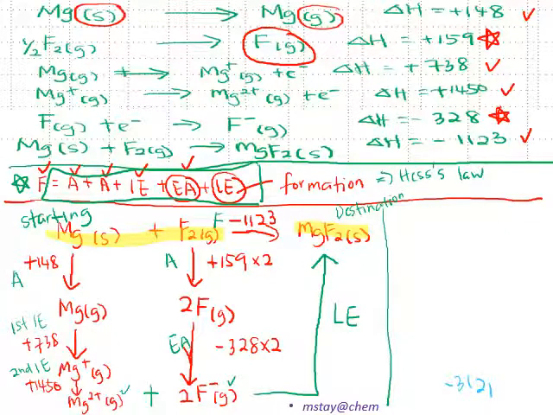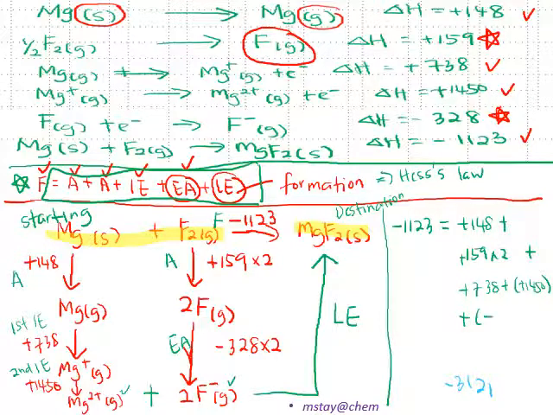Since question B asks us to determine the lattice energy, you can just put in the values: -1123 is the formation, equal to the atomization 148, plus 159 times 2, plus positive 738, plus positive 1450 ionization energy, plus the electron affinity -328 times 2, plus the lattice energy.